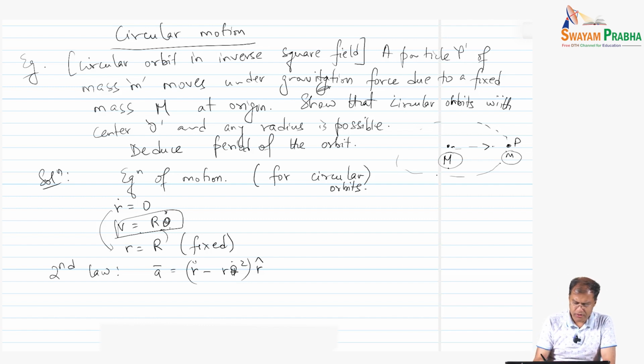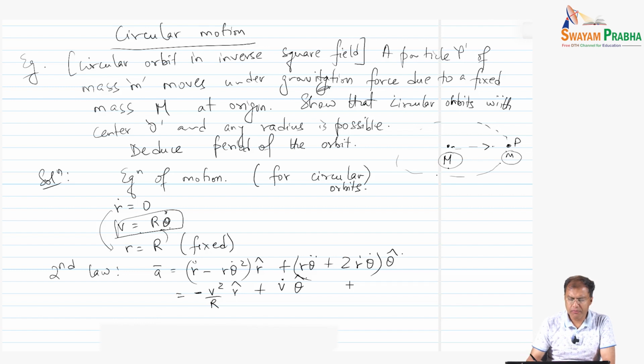Here we have the R component and then the theta component, so plus 2 R dot theta dot times theta hat. Then we have minus V square by R times R hat plus V dot theta hat, right?